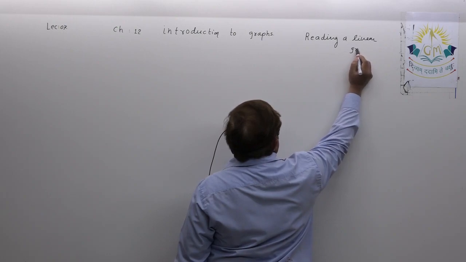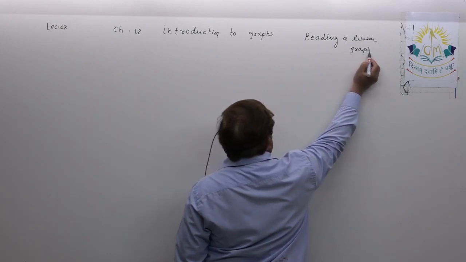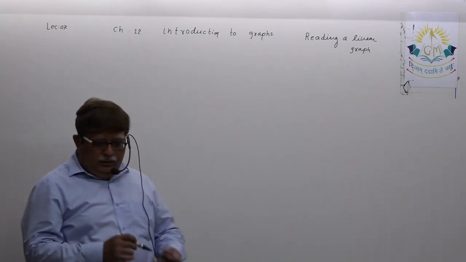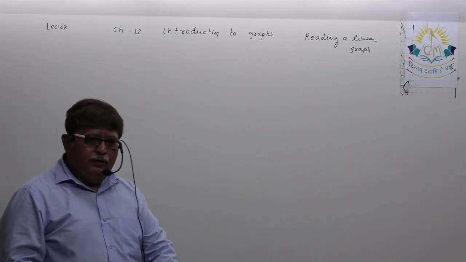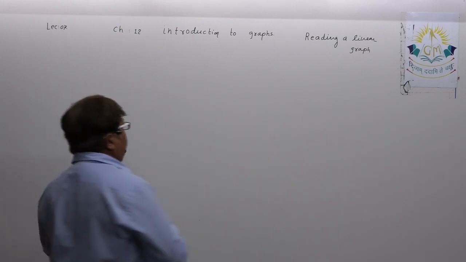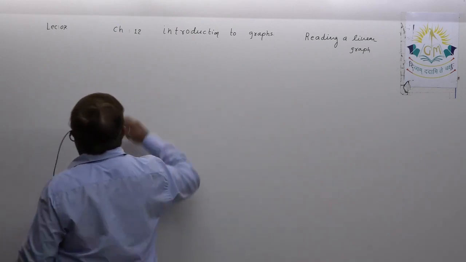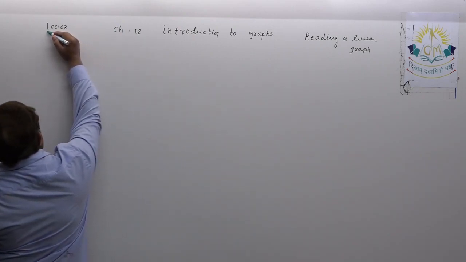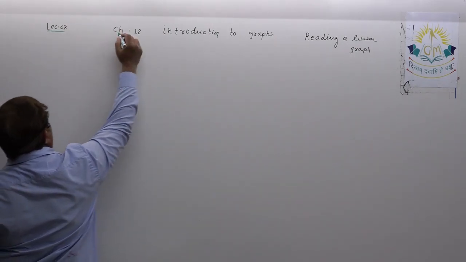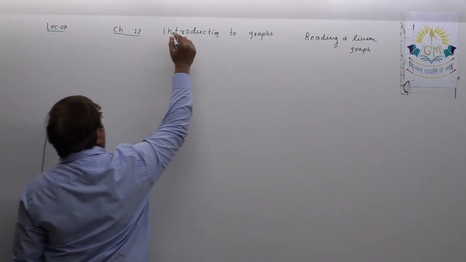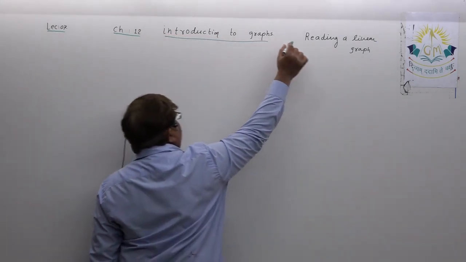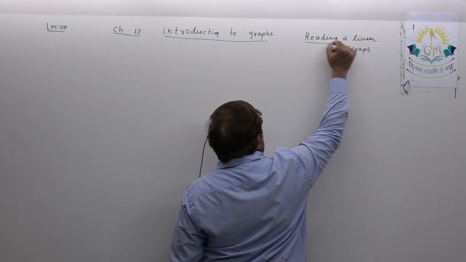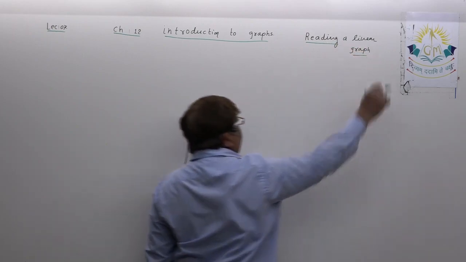Means you do not have to draw the graph. The graph will be given to you already. You just have to develop the skill of reading a given graph. Okay, that's what is our topic today. Understand? Reading a linear graph.